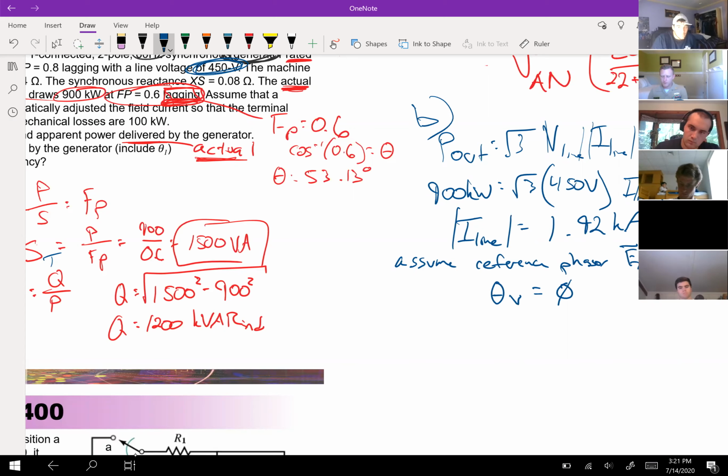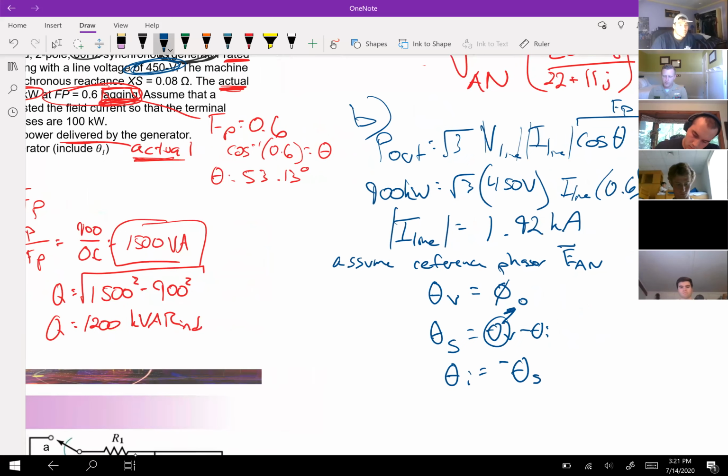So if theta V is 0, then theta S of the power triangle, theta V minus theta I, well, this one is 0. So theta I that I'm being asked to solve for is just negative theta S. We already had theta S up above as 53.13 right here.